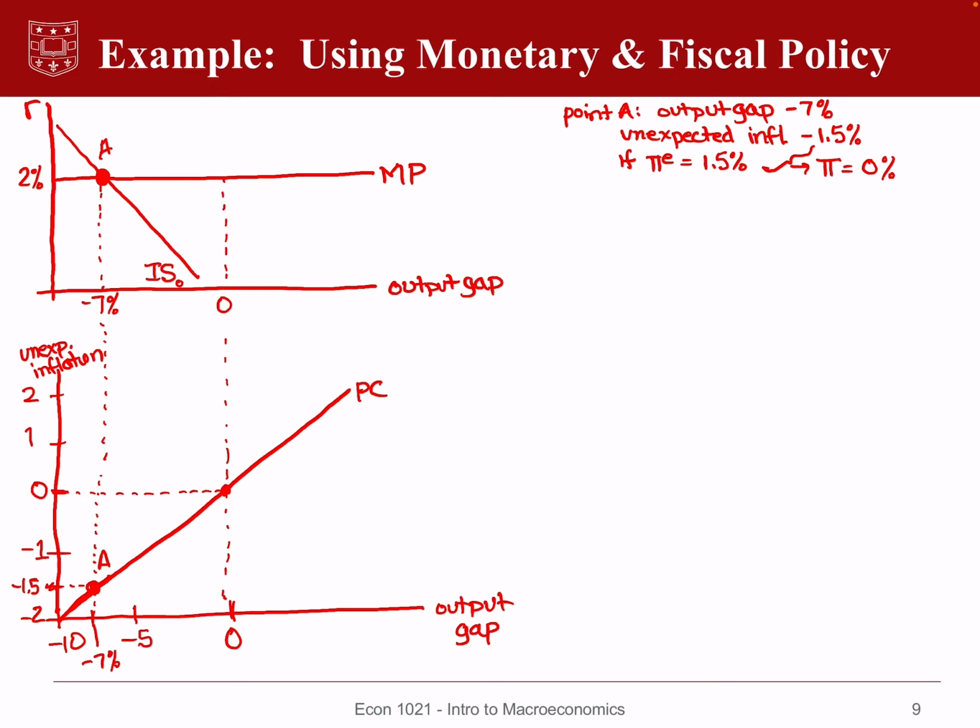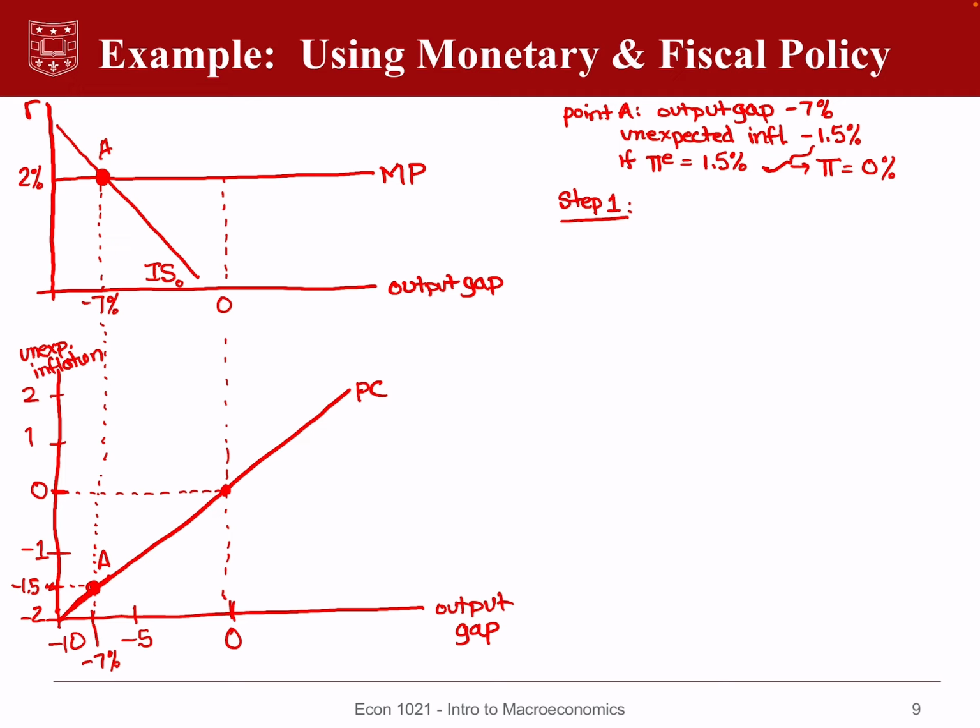Okay. Now, again, what we want to do is think about what we might do for fiscal policy. So if there is a tax cut on households, that would cause consumption expenditures, say, to rise. So again, we do step 1, figure out what shifts.